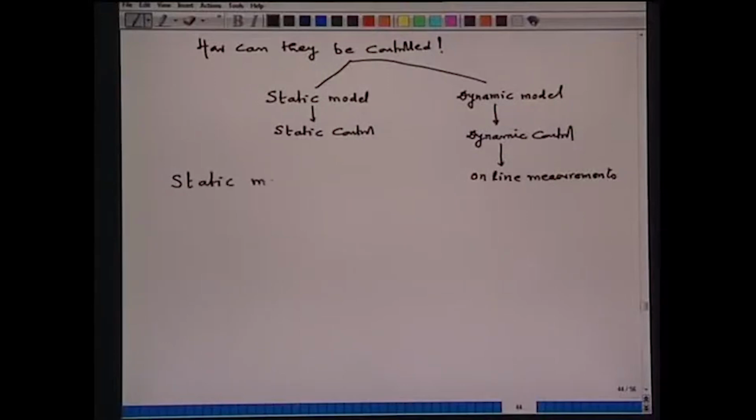A static model. Now, the static models are based on materials and heat balance, by considering initial and final states of the system.